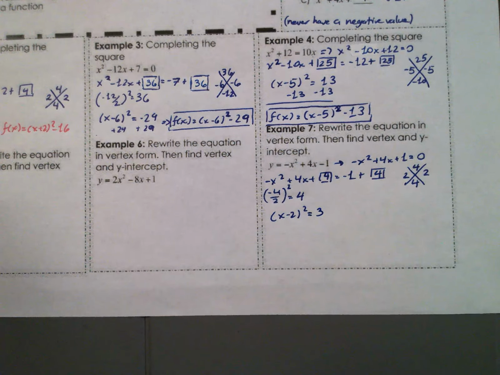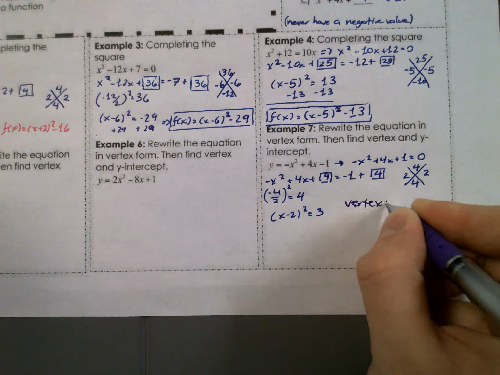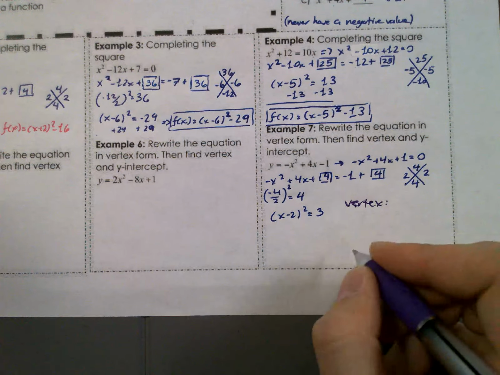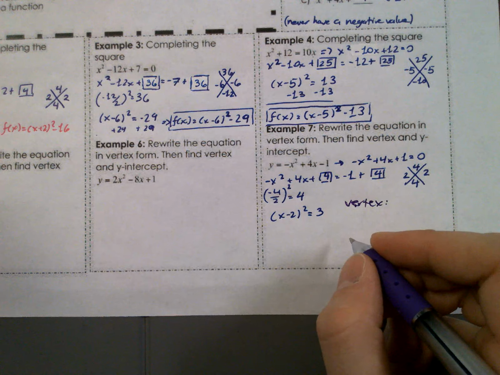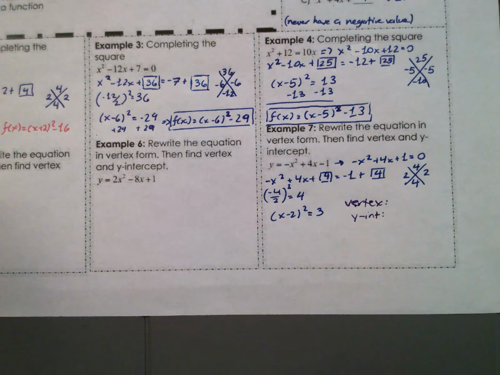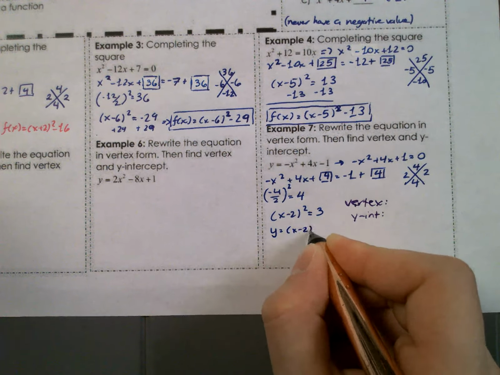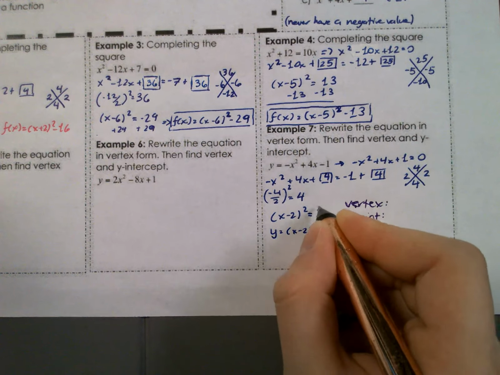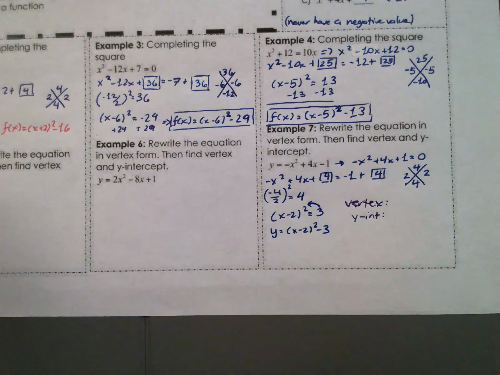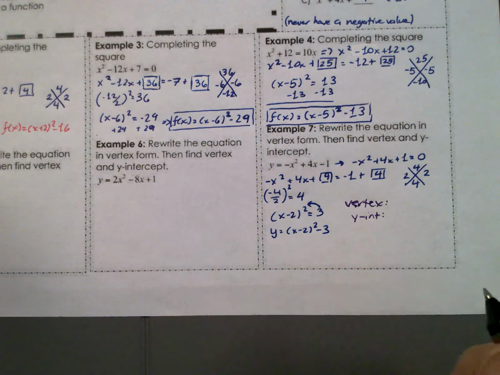So our vertex we can get right here, and we also need the vertex and the y-intercept. Then we can rewrite this as y equals x minus 2 squared, subtract 3, moving 3 to the other side. Now, here's something you can also do.